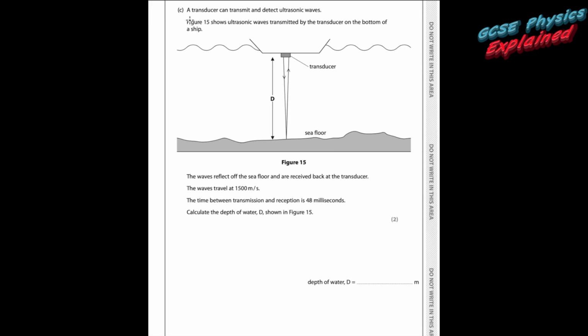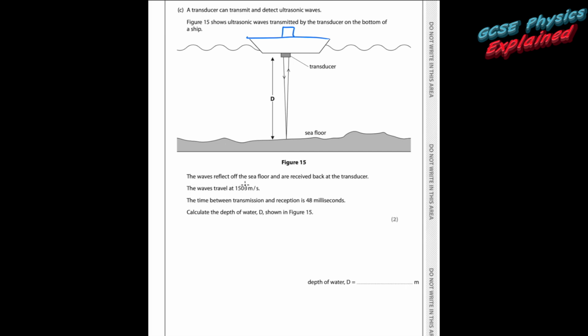Question C. A transducer can transmit and detect ultrasonic waves. Figure 15 shows ultrasonic waves transmitted by the transducer on the bottom of a ship. So there's the ship sailing along, transducer on the bottom, sending a signal out, getting the signal back to see how deep the sea floor is.